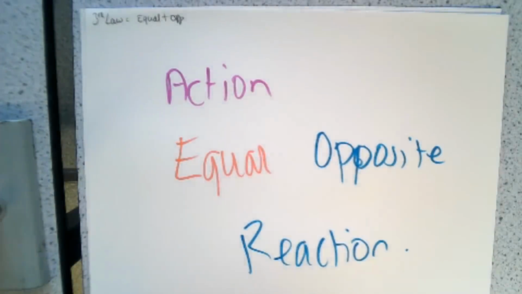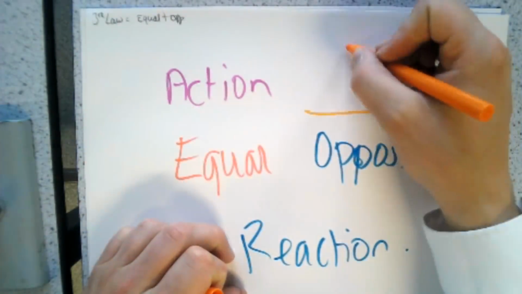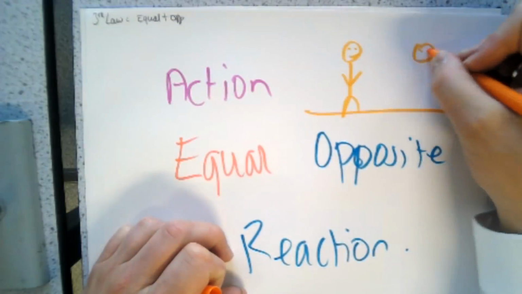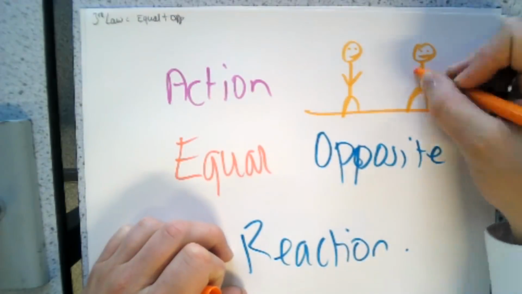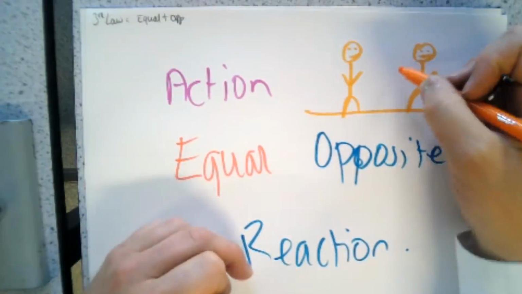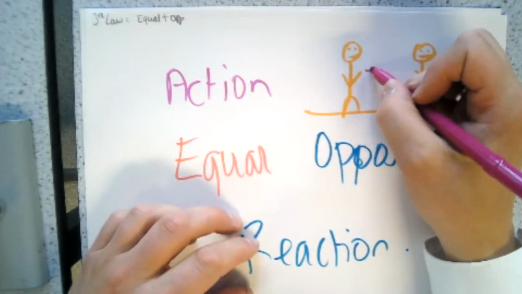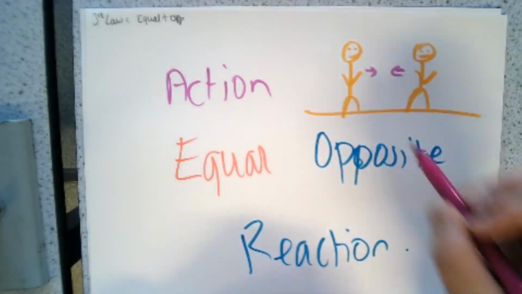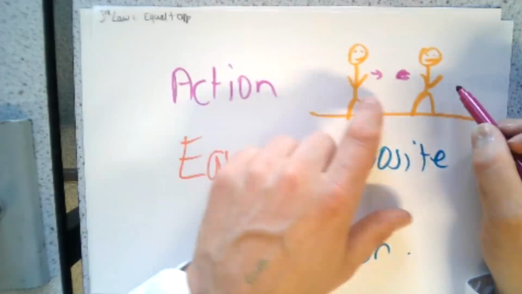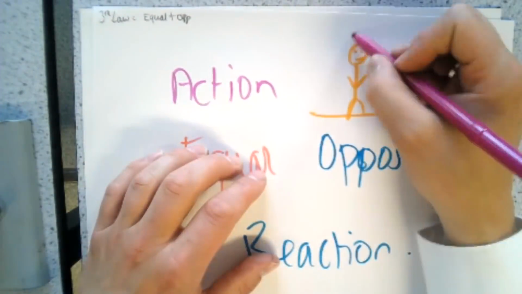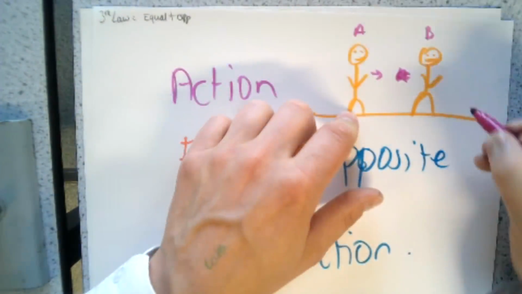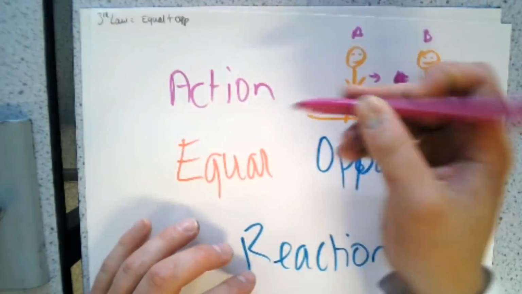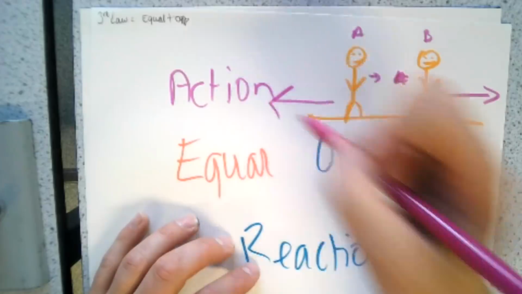So you've got two people ice skating, and they push against each other. Person A pushes against person B. B is going to move that way, but A will move backwards with an equal and opposite amount of force.